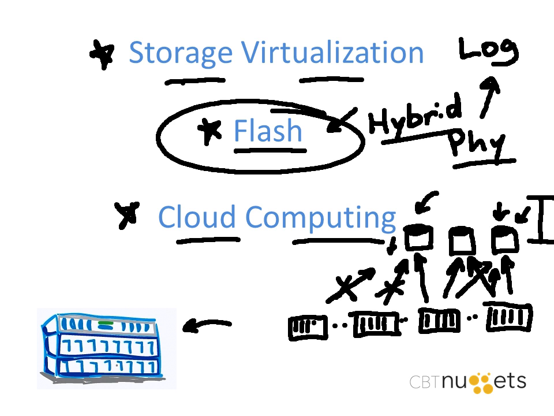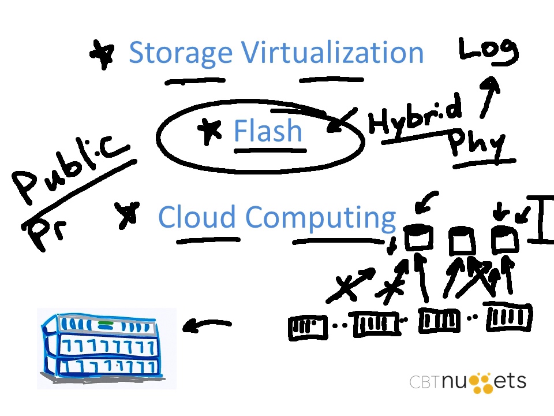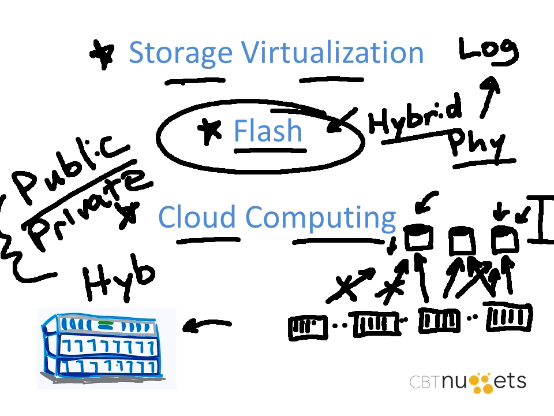NetApp recognizes that companies want to utilize perhaps public cloud infrastructures, or maybe they want to build their own private cloud, or maybe they want to use a combination of both of these in what we call a hybrid cloud implementation. So you'll see many software and many hardware products designed to assist with cloud computing, and of course, we will see some of those in this presentation.